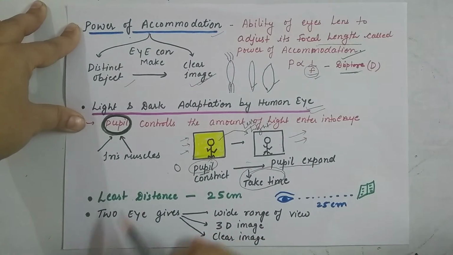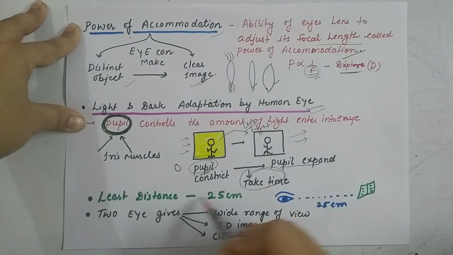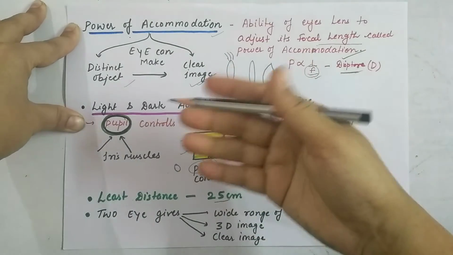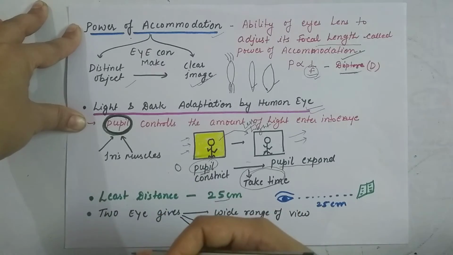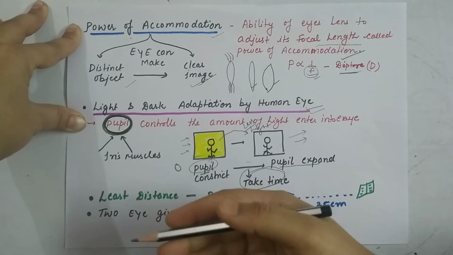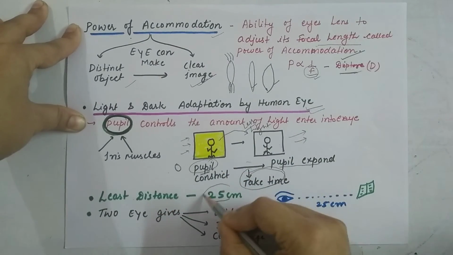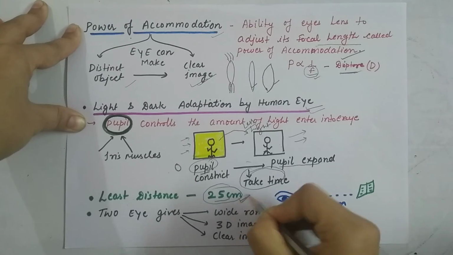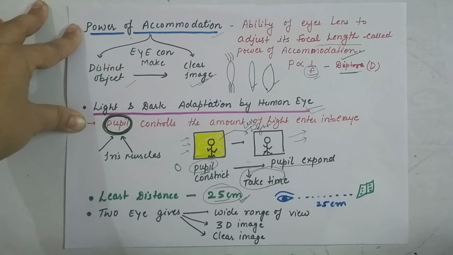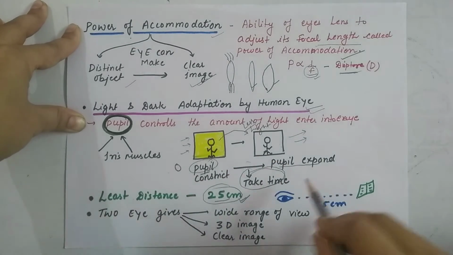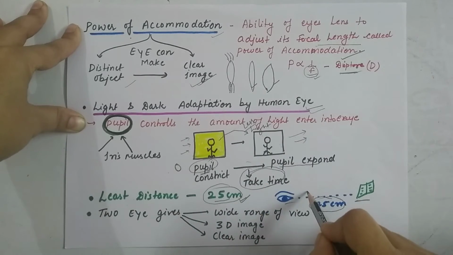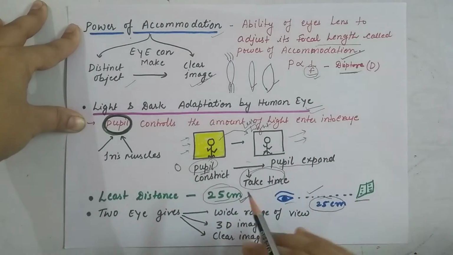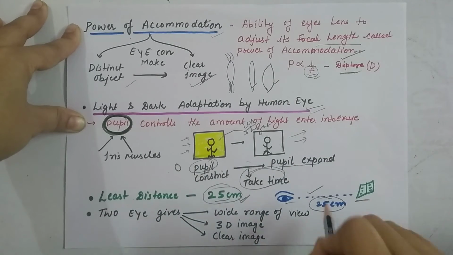Something more important, some points like the least distance. If you put things very close to your eyes, you are not able to see them and they become blurred. At least 25 centimeters of distance from your eye to the object is important to see a clear view.